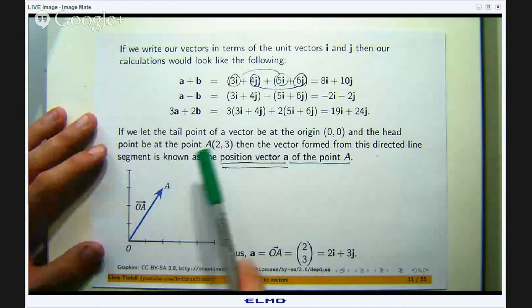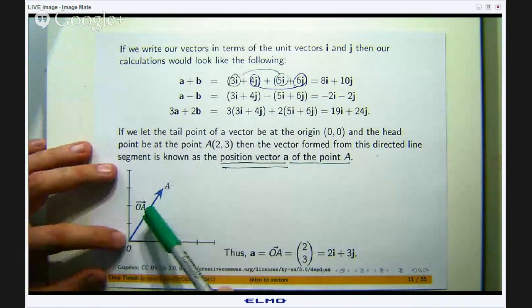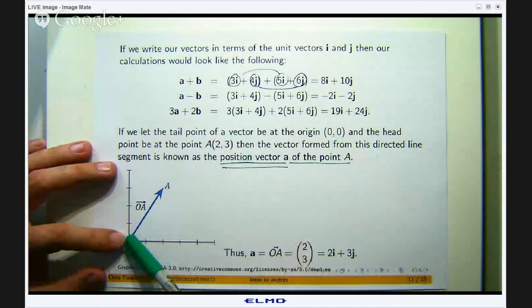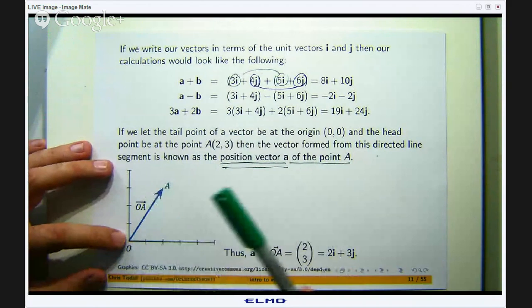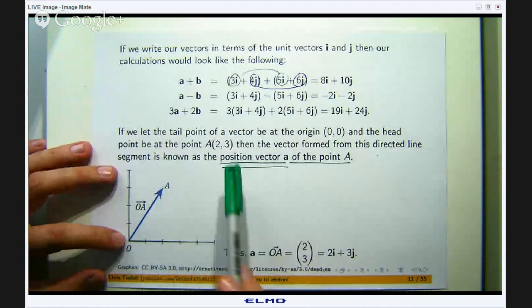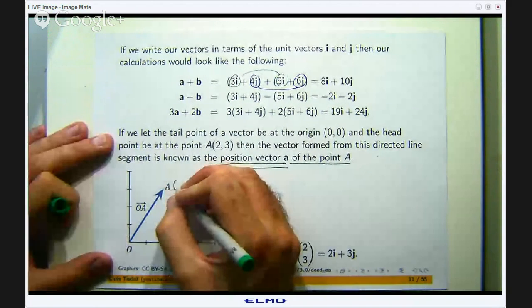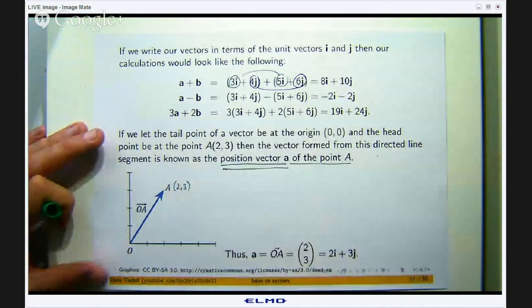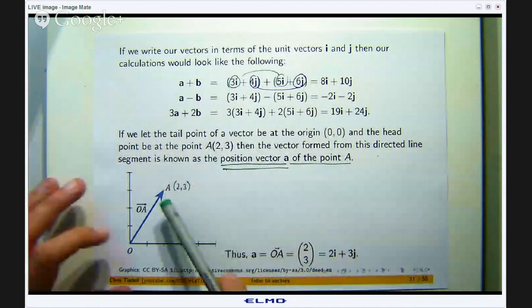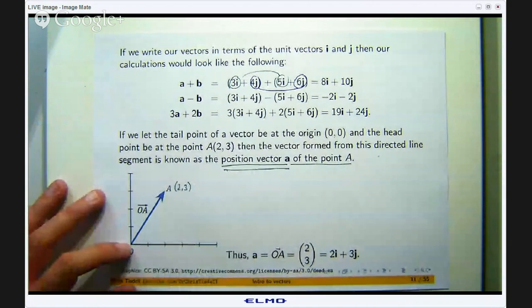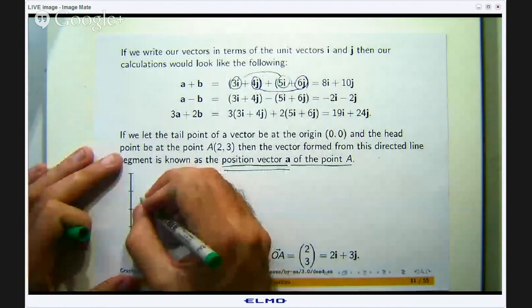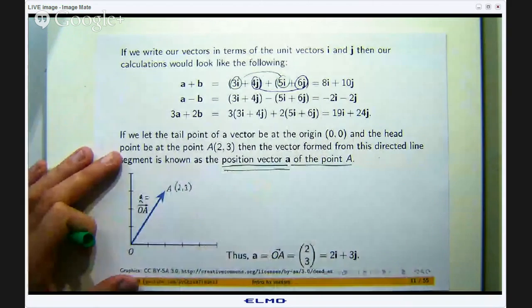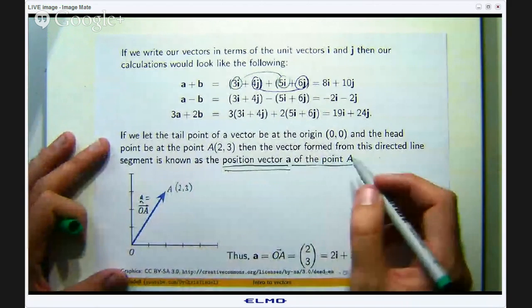Suppose we have a vector that has its tail point at the origin and its head point at the point 2, 3, which I've denoted by A. Now that vector is called the position vector a of the point big A.